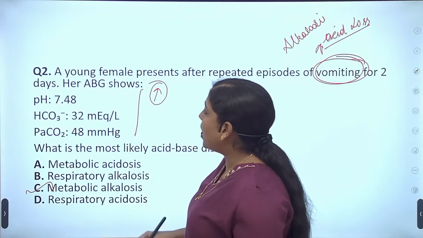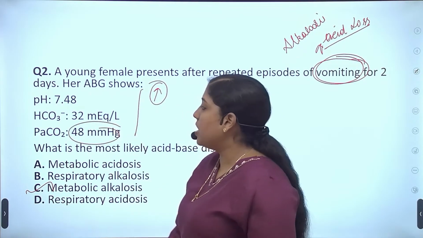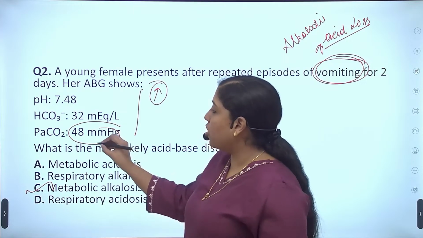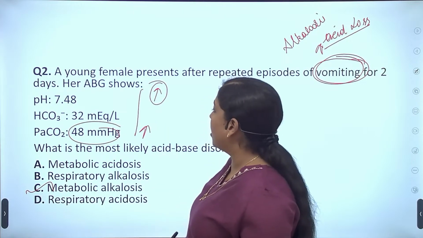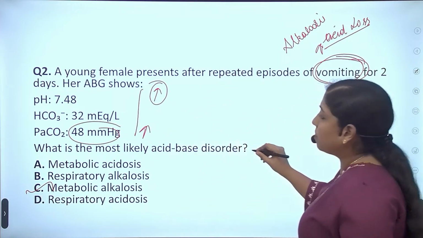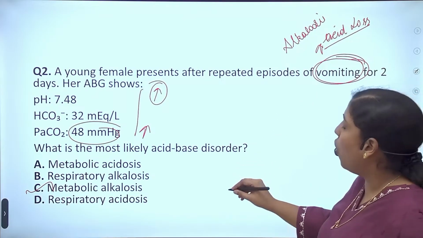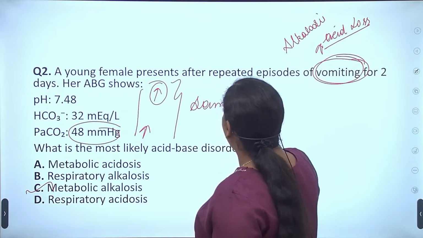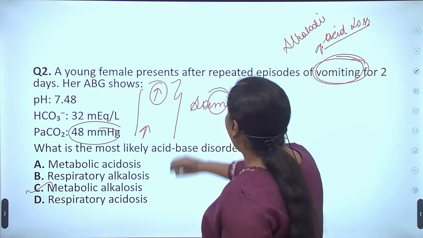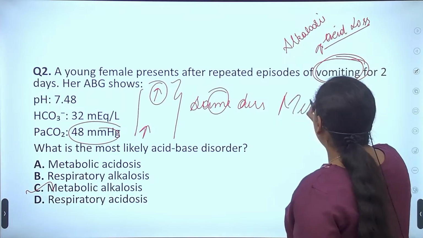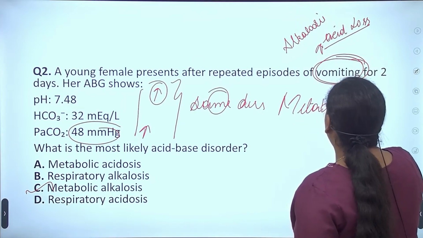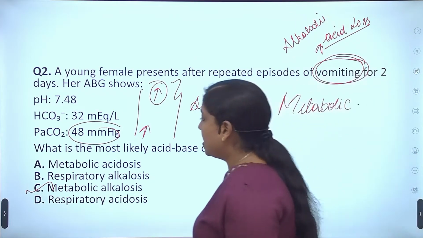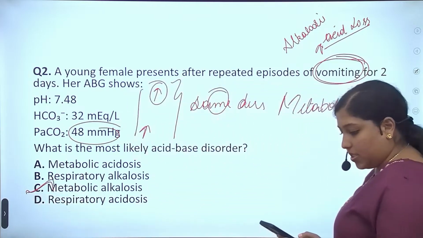Then the PaCO2 level, normal 35 to 45, is also increased. When pH and PaCO2 are going in the same direction, the problem is metabolic, so the answer is metabolic alkalosis, right?